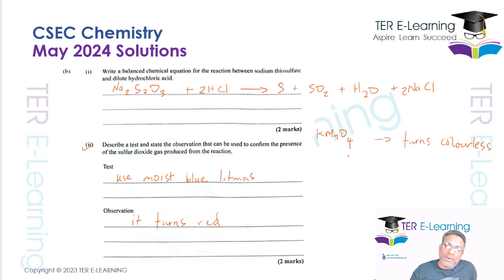We can also use potassium dichromate(VI). What happens here, if we bubble SO2 through it, it will turn green. So these are alternative tests we could use. So we have options.